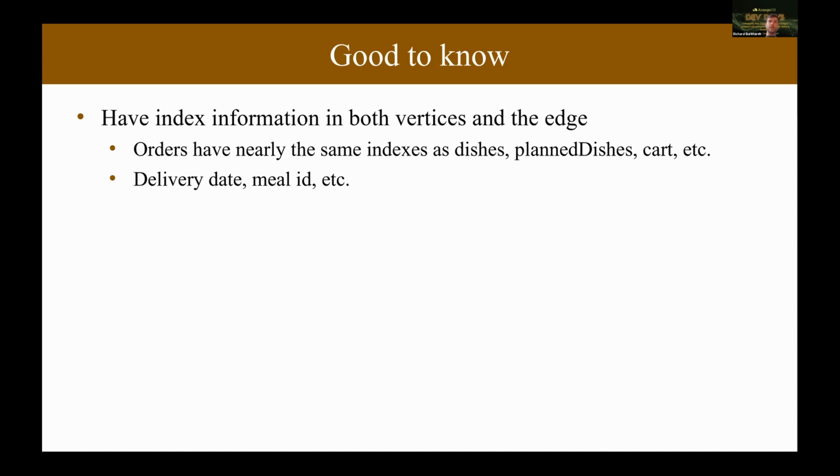To hook into that tree, you may want to put those indexes not just in the edges or just in the vertices. You want to keep them everywhere. So, for example, if I wanted to know what dish is planned for a day, I can use the has planned dish edge, and just use the delivery date and the meal ID to get a result. Or I could use the dish. The dish also has the date and the meal ID.